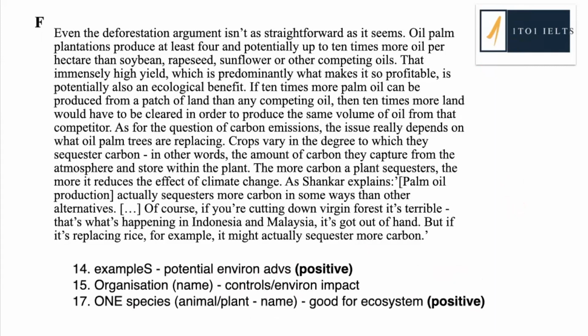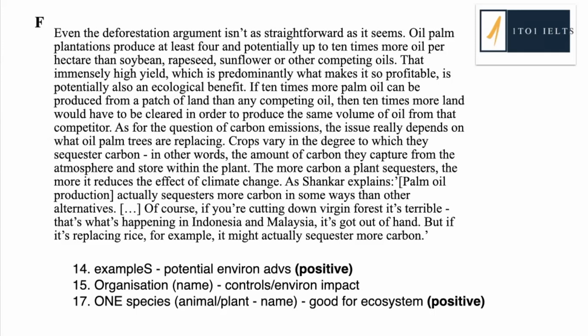So we only have 3 possibilities left, moving into text F. Pause the video again and read the text. Give yourself about 30 seconds for this part of the text because it's quite long. And let's get started again. So, are there examples of potential environmental advantages? Well, this looks like it is a possibility.